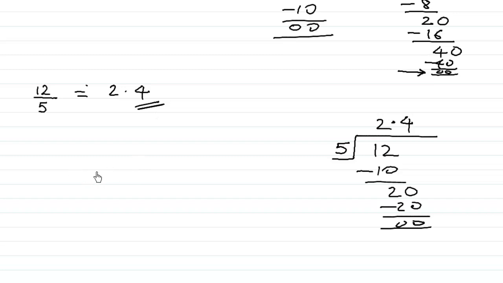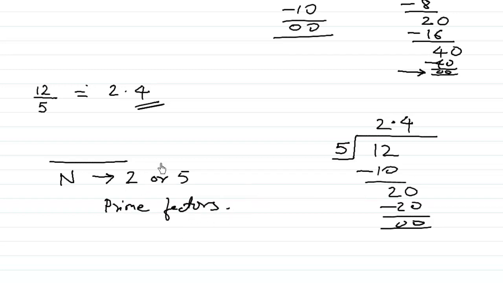We always get terminating types whenever the denominator has prime factors in terms of 2 or 5. If 2 and 5 are the prime factors, or both sometimes, then only we have this terminating type.